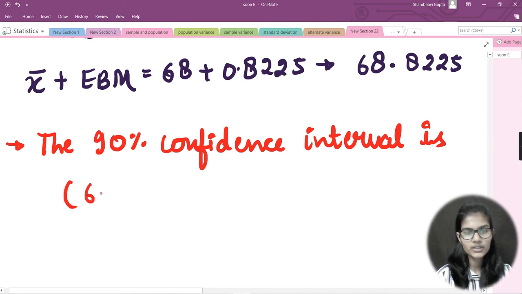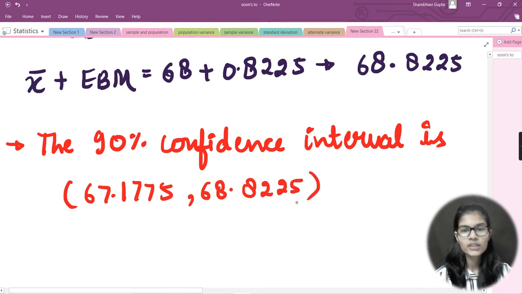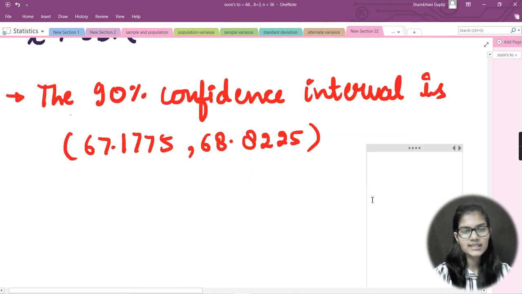First value is 67.1775, that was x bar minus EBM, and my second one is x bar plus EBM, that is 68.8225. This is how I write the 90% confidence interval: the first is x bar minus EBM, and after the comma x bar plus EBM. So I just did the same thing.